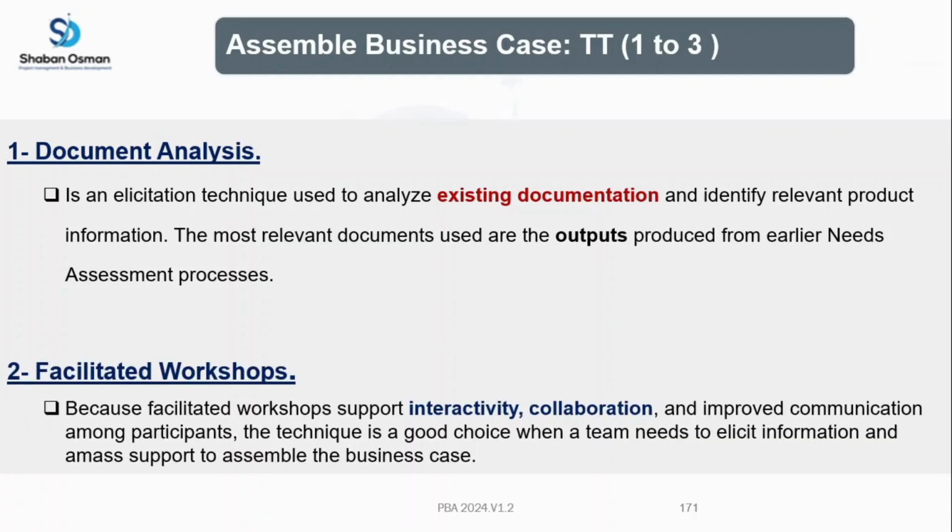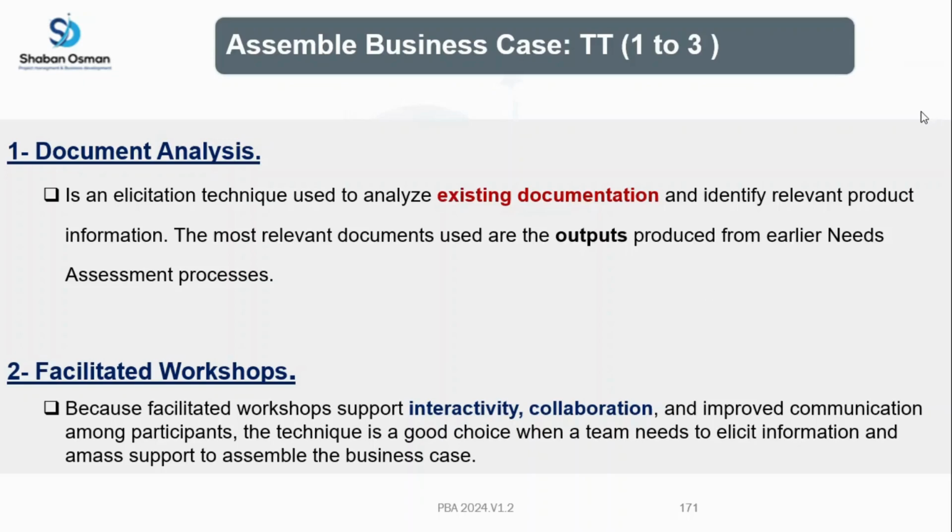Number two is facilitated workshops, which was discussed during the previous process, where we said that a facilitated workshop can be called a requirements workshop or scoping workshop, where as a business analyst you will act as a neutral, skilled facilitator to facilitate the discussion between key stakeholders.